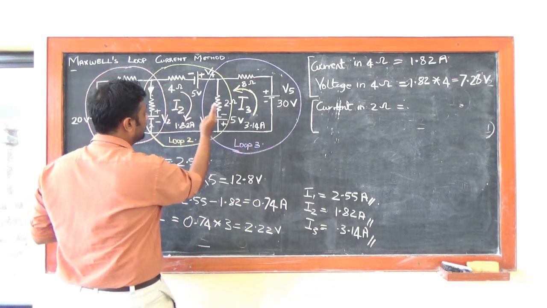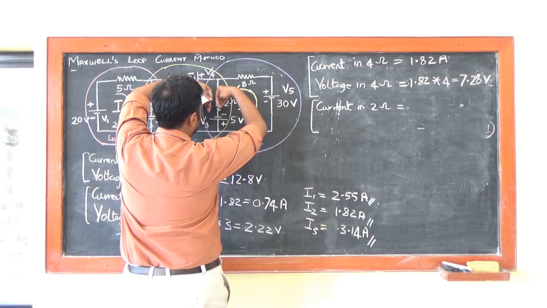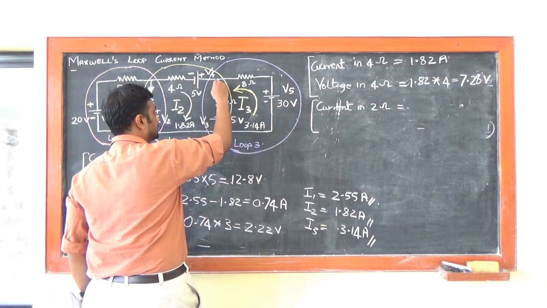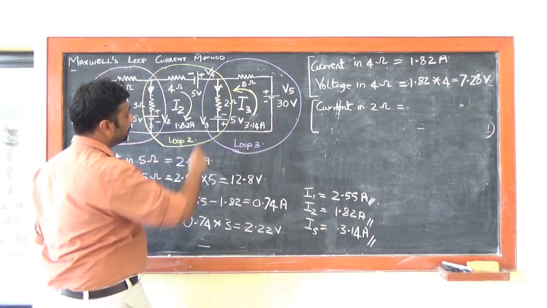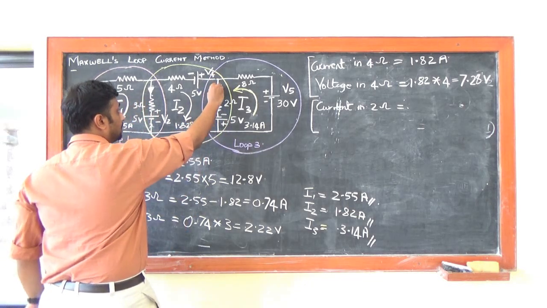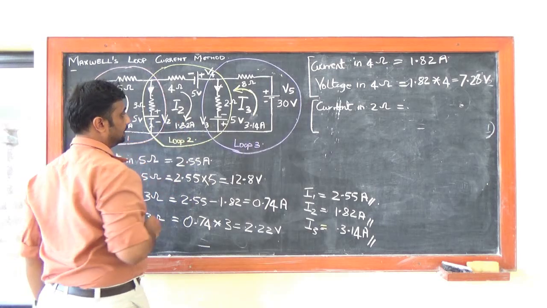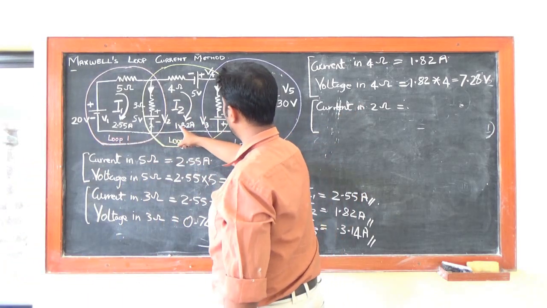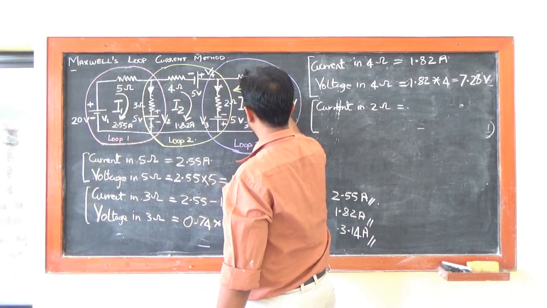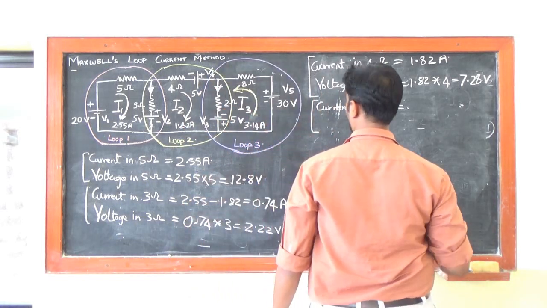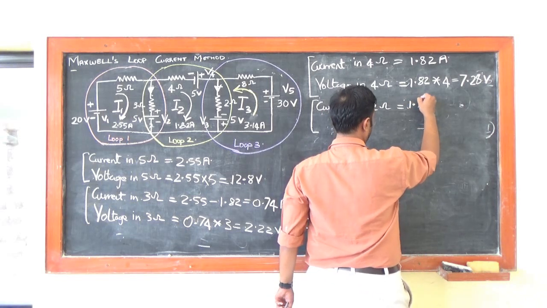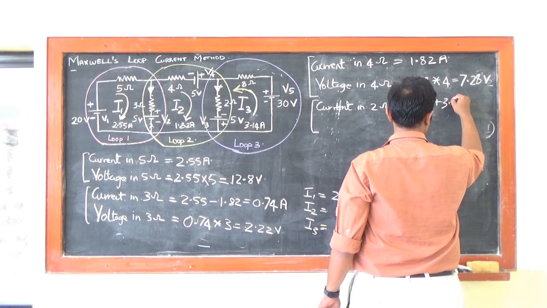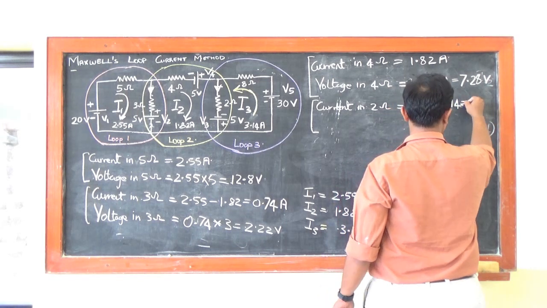So both the currents are flowing in this resistor, and the effective direction will obviously be from top to down. Again I note down the direction, as I noted it down here. The current in the 2 ohms resistor will be a combination of 1.82 plus 3.14.